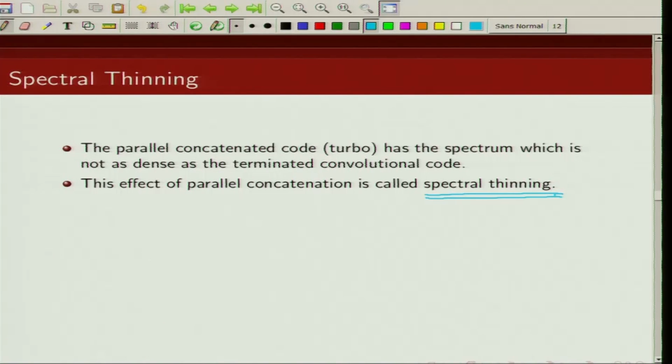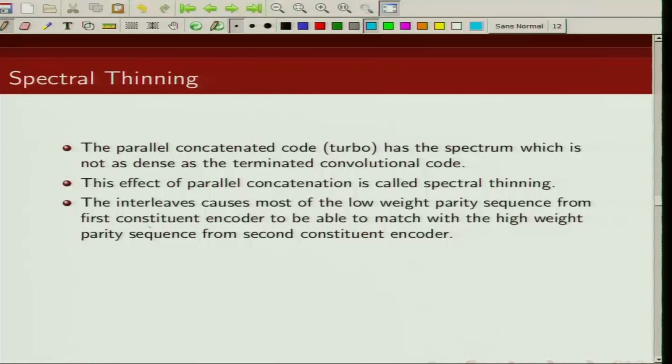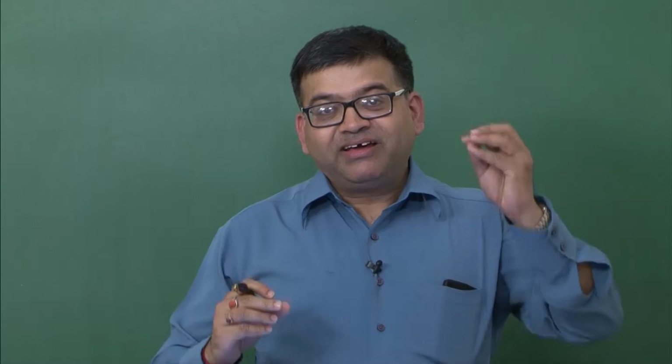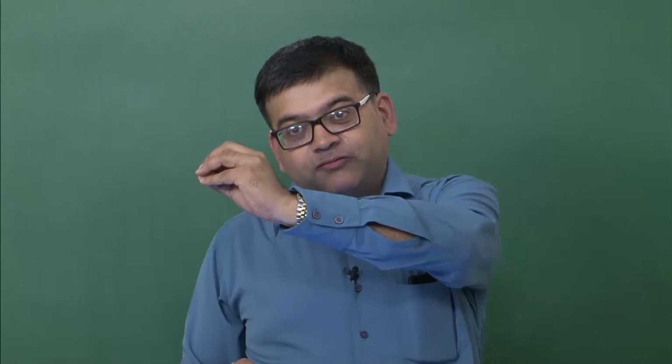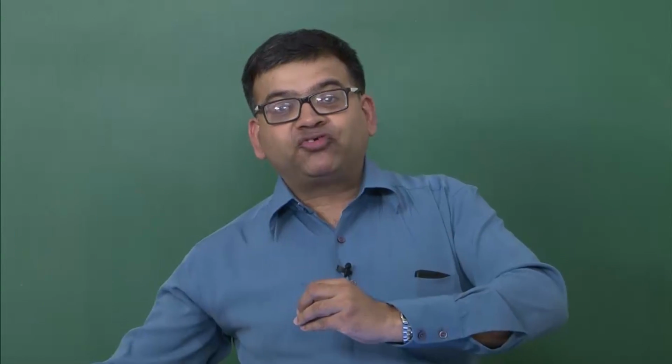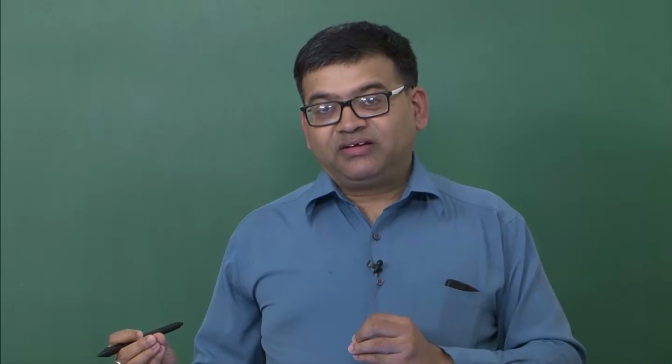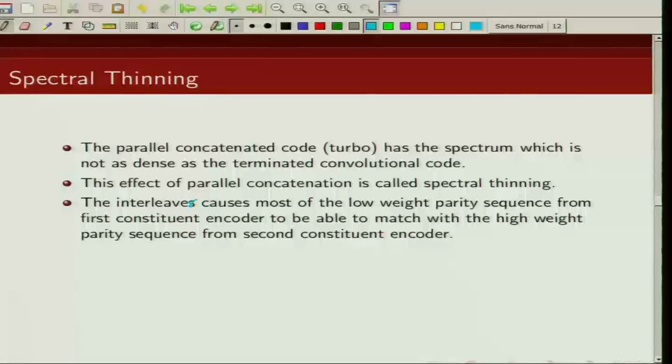The interleaver causes most of the low weight parity sequences from the first encoder to be matched to high weight parity sequences from the second encoder. So the idea of interleaver design is that if the parity sequence coming out of the first encoder has small weight, then the interleaved sequence entering the second encoder should produce a larger weight sequence, so that the overall code weight is good.